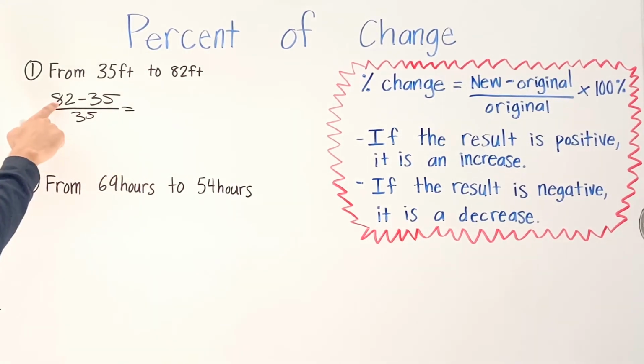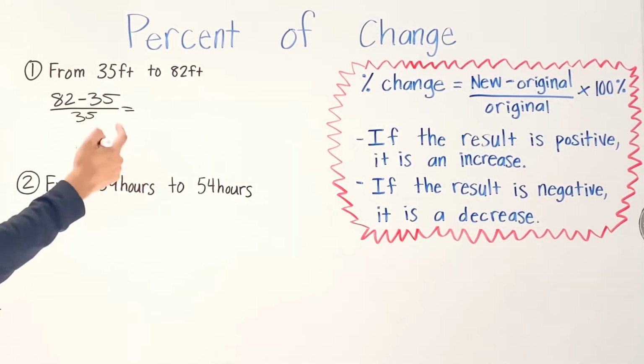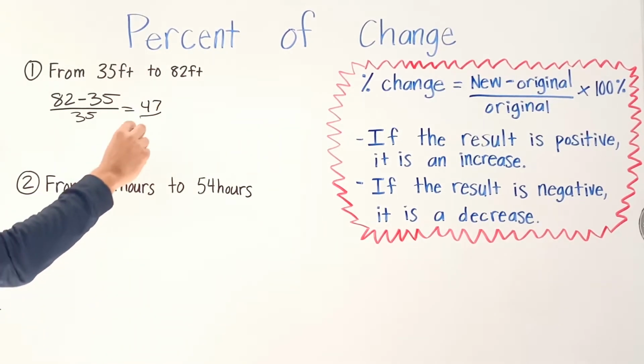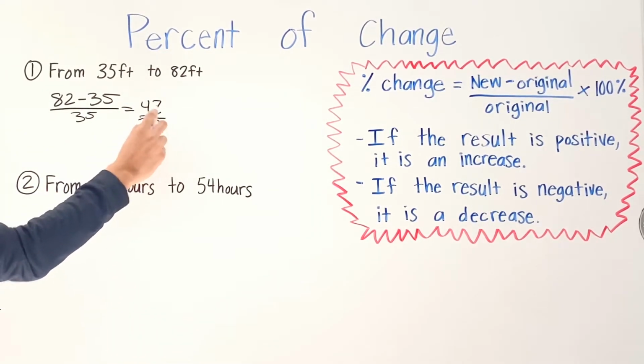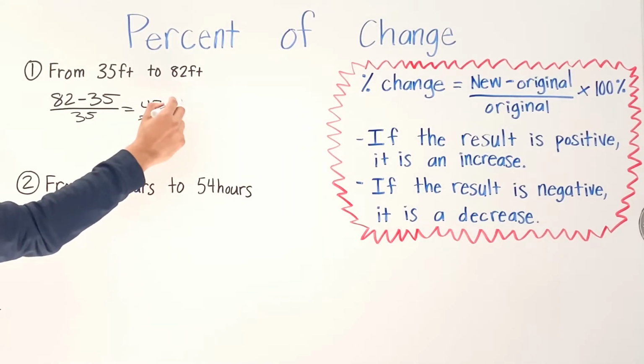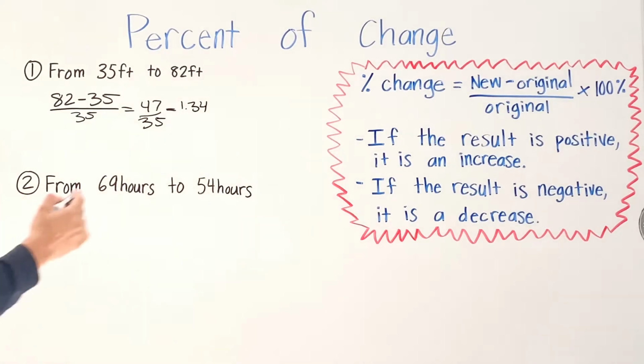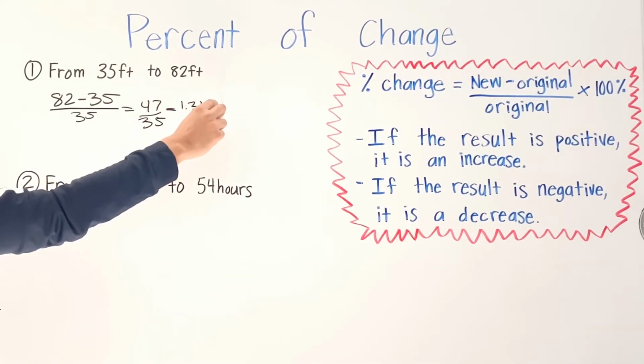Go ahead and subtract 82 minus 35. It's going to give you 47 divided by 35. That's going to give you about 1.34. Now you're going to multiply it by 100%.